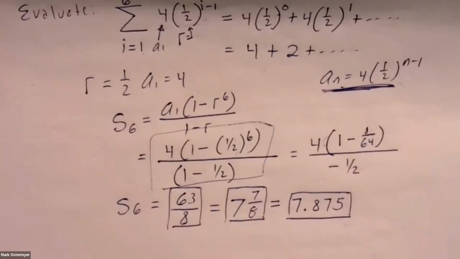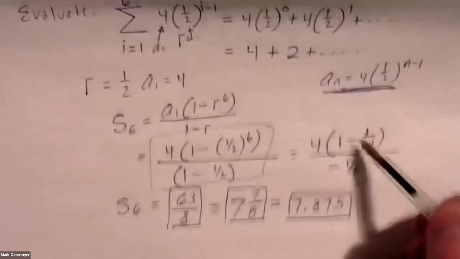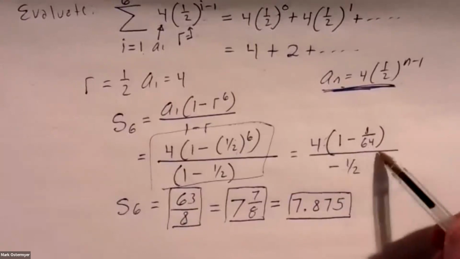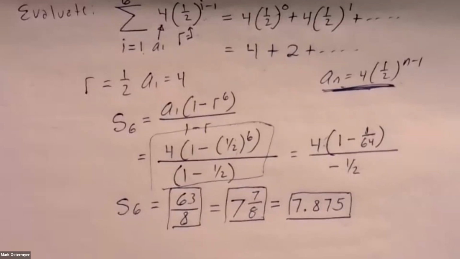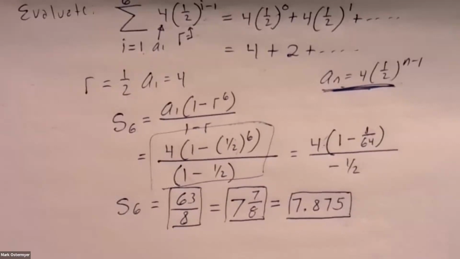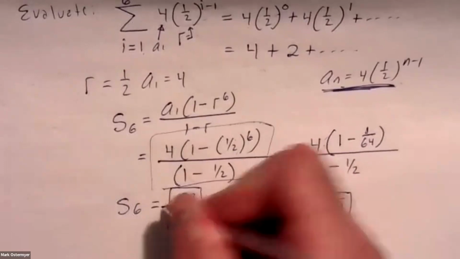Let's see here. So what is 1 minus 1/64? That would be 64/64 minus 1/64, which is 63/64. And yeah, it looks like it would not be positive, does it? Doesn't look like it. So you've got to be careful with your signs here. 64. And then we're dividing by -0.5. So yeah, this looks like it's going to be -7 7/8 or -63/8.